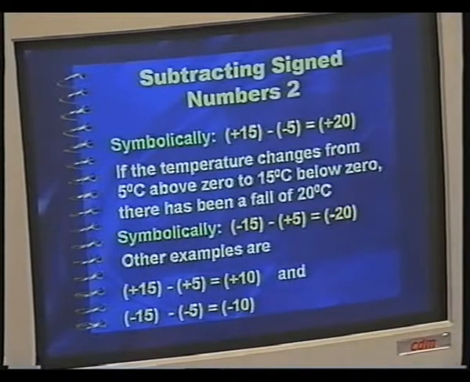And in fact, the rule for subtraction is basically the same as for addition, because subtraction can be defined as adding the opposite. So when I'm subtracting a negative, it's the same as adding a positive.